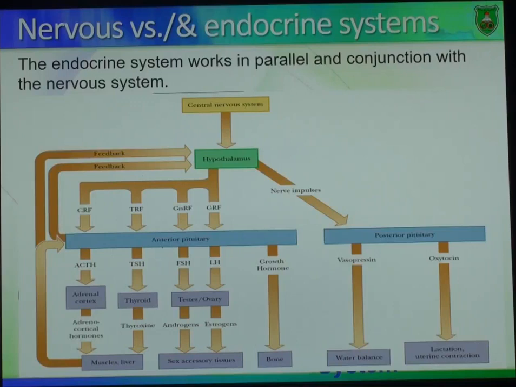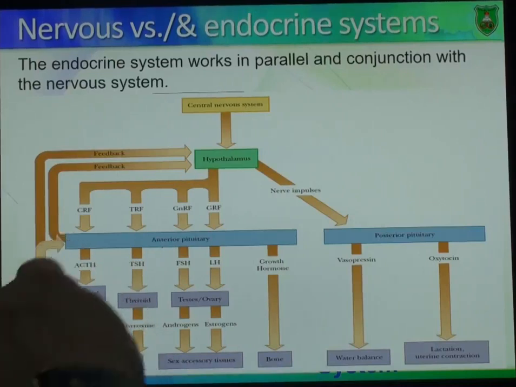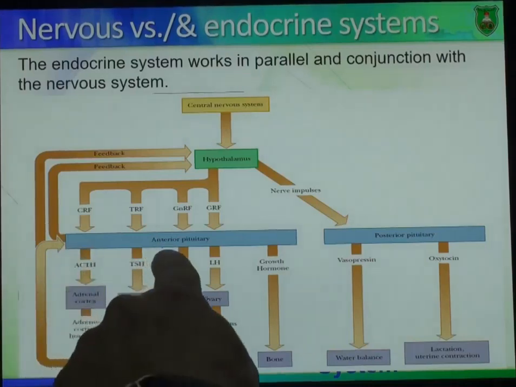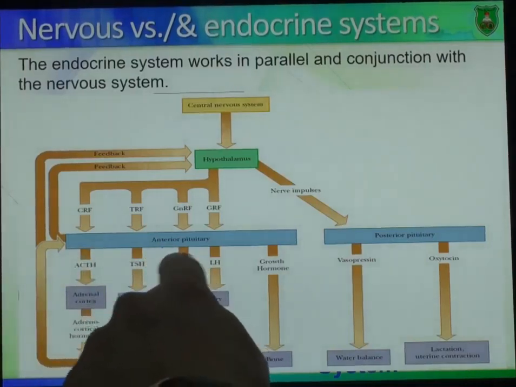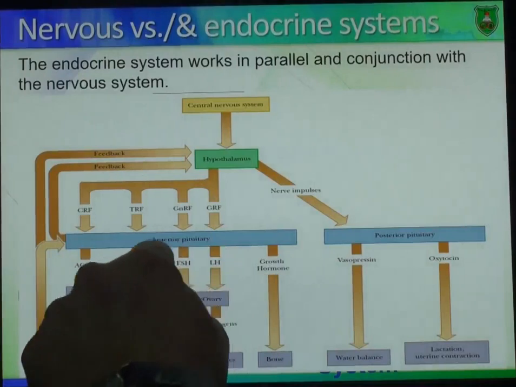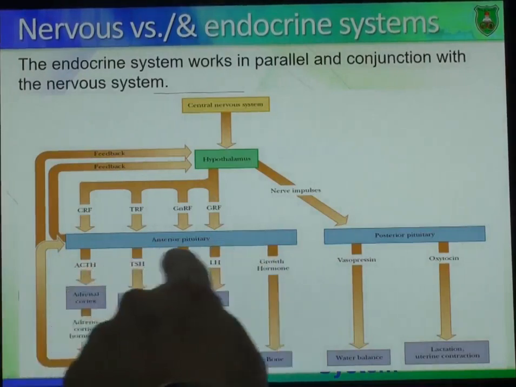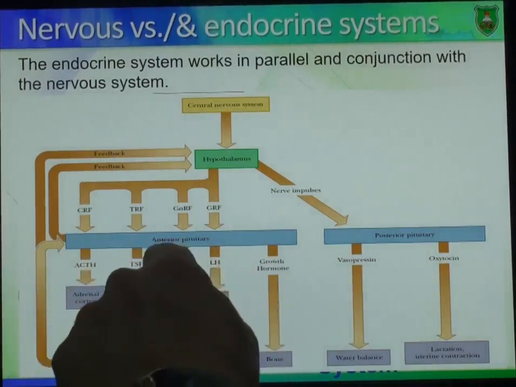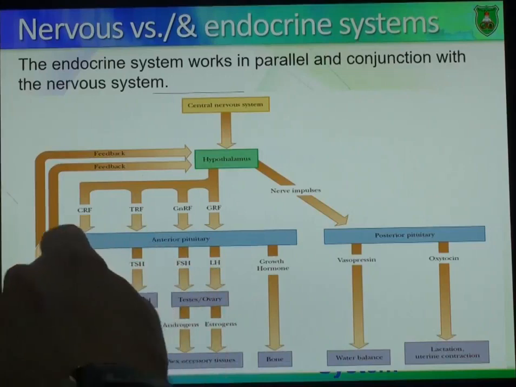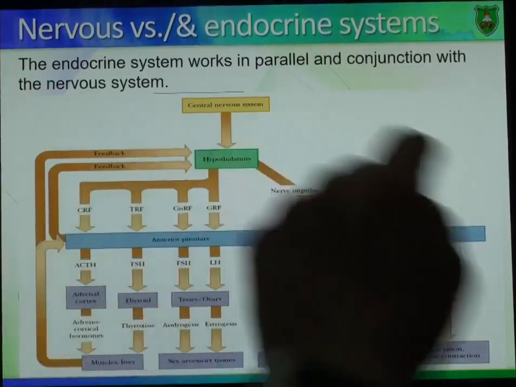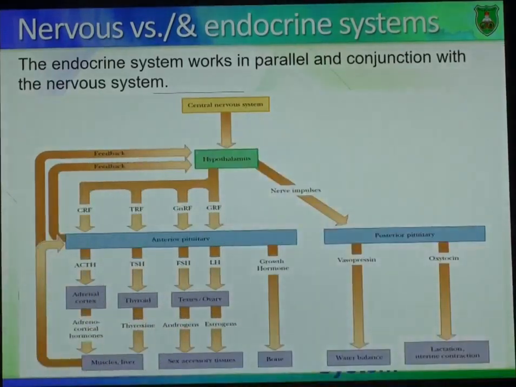What happens is that the hormones that are produced by these organs can regulate by feedback mechanism. They can regulate the release of the hormones from the anterior pituitary gland. And also the hormones released by the anterior pituitary gland can feed back and regulate the release of hormones from the hypothalamus.